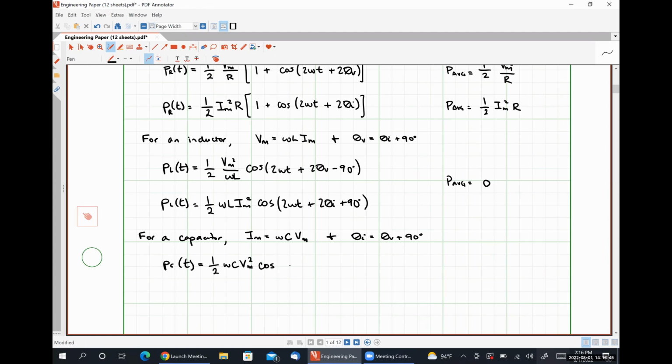So we're going to move on to our AC term, where this is going to be cosine twice omega t plus twice theta V plus 90 degrees.